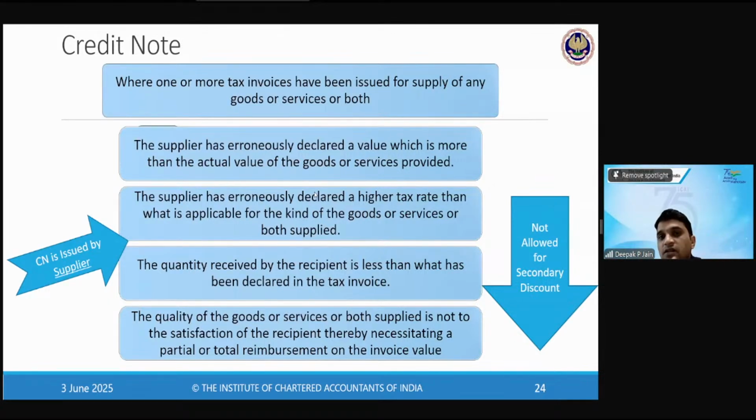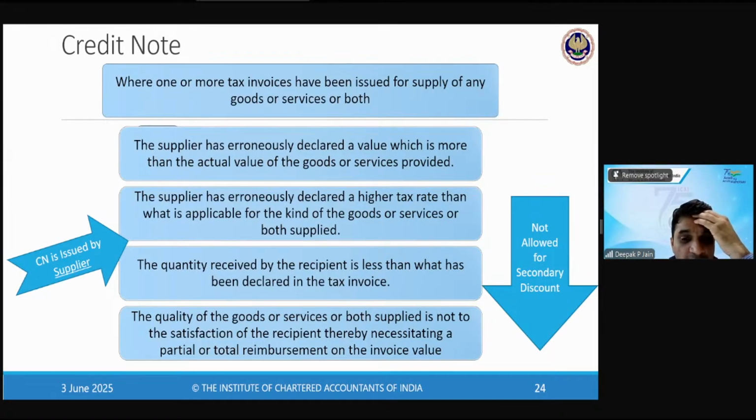So it is the opposite side. When I raise an invoice, ITC is claimed. When I reduce the invoice, I will pay less taxes. He should also reverse the credit. So the invoice value plus karne ke liye debit note and invoice value minus karne ke liye credit note. Exactly right.